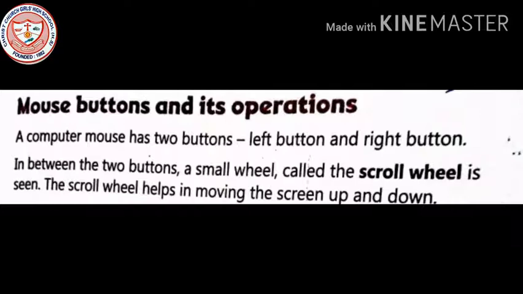If you want to move your screen page up or down without using a keyboard, you can use your scroll wheel and scroll it up and scroll it down. So this is the work of a scroll wheel.